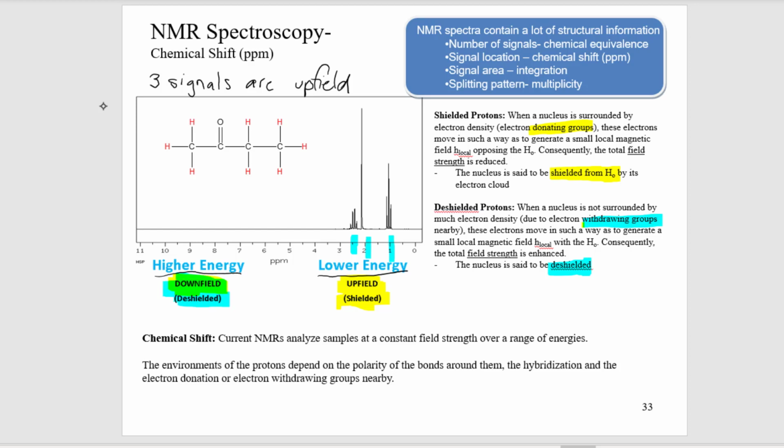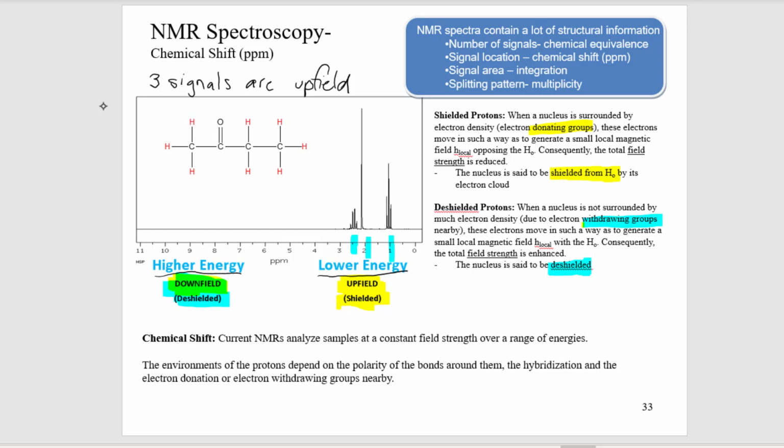If you're forgetting which way is downfield and which way is upfield, downfield is to the left, upfield is to the right, and when you're de-shielded, electron density is getting pulled away from you, the clouds are getting pulled away with withdrawing groups, you are more downfield. So, what does this mean?